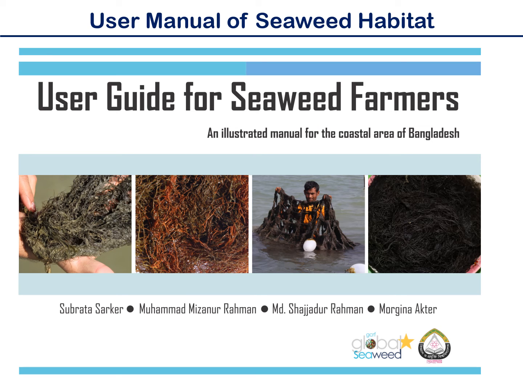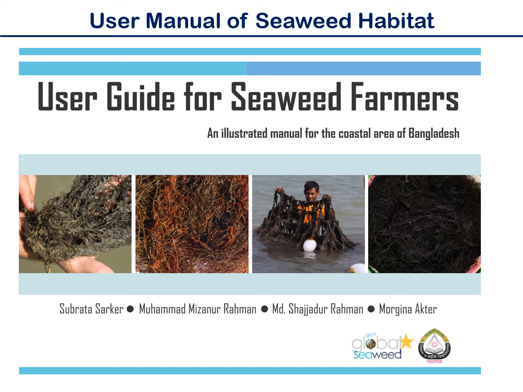So these are the scientific outputs from the project, and based on these outputs we developed a user guide for seaweed farmers. In this user manual we try to translate the findings of this project in a smooth way so that local farmers can understand.